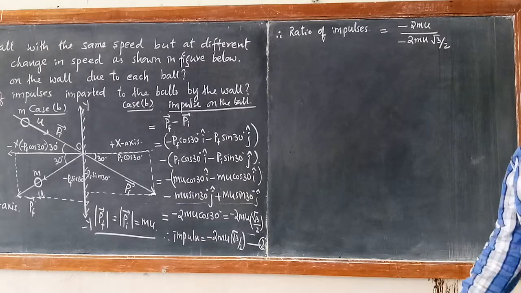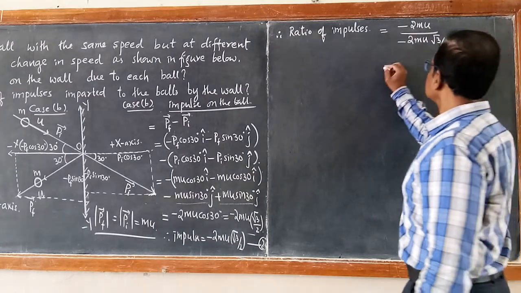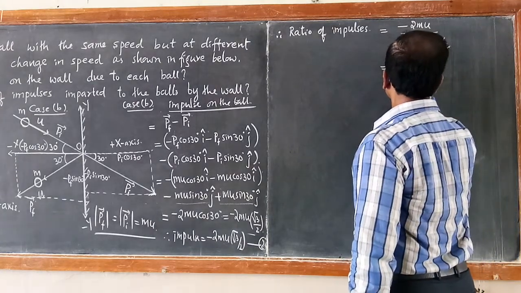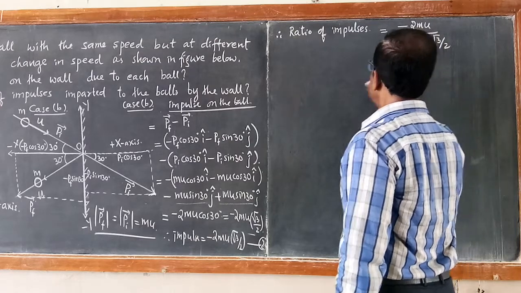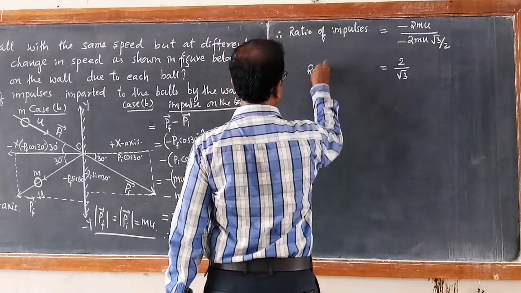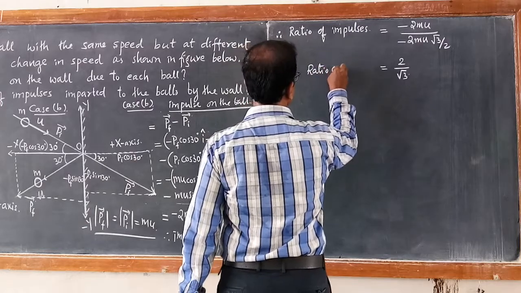So minus 2 cancels, mu cancels, therefore you are left with 2 by root 3. So this becomes the ratio of impulses.